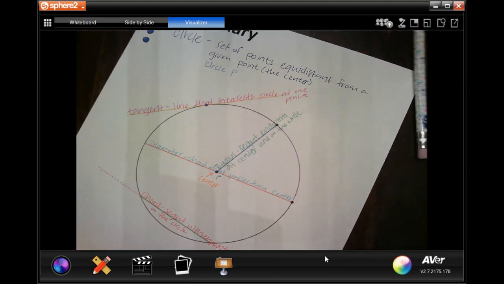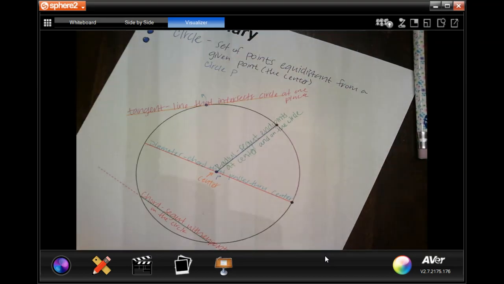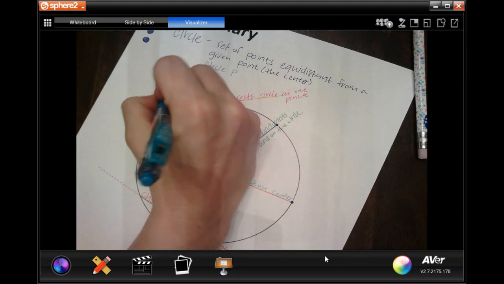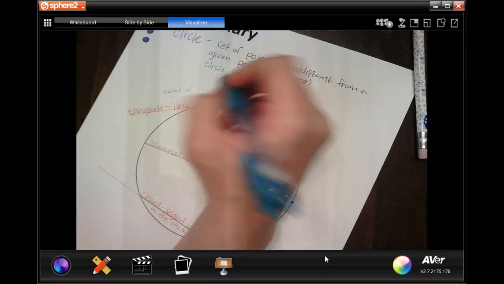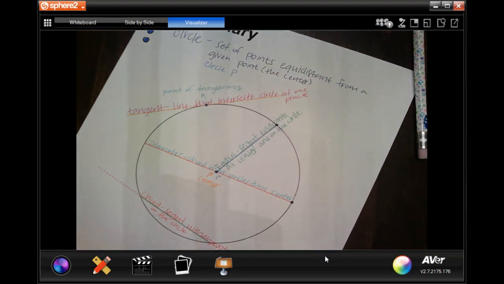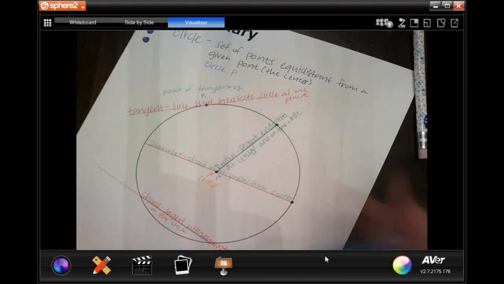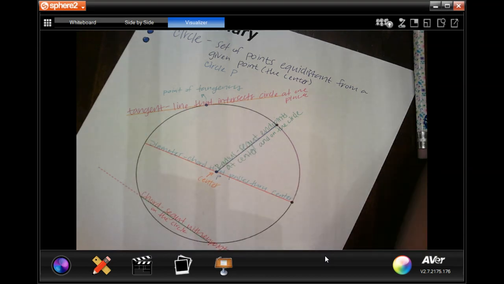And we call that point, the point where it intersects, the point of tangency. So that point where it hits that circle, that's the point of tangency. That's where the tangent and circle meet. Makes sense, right?